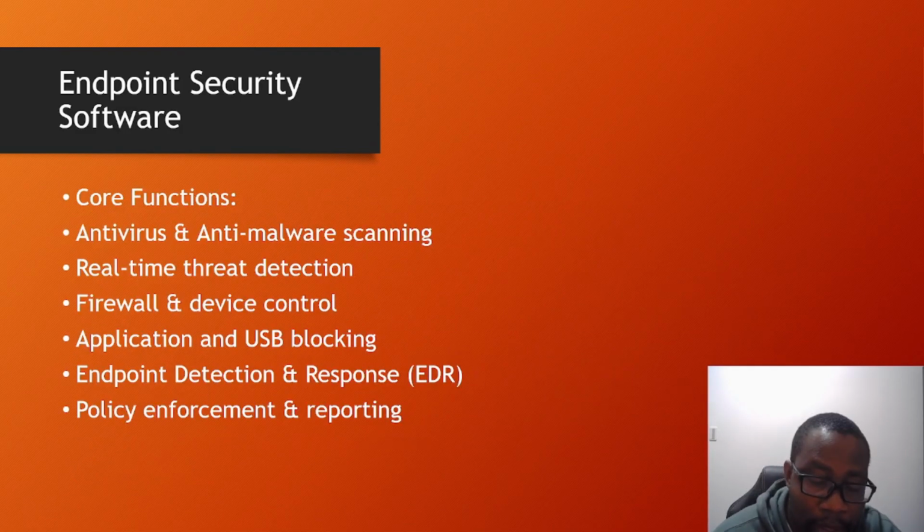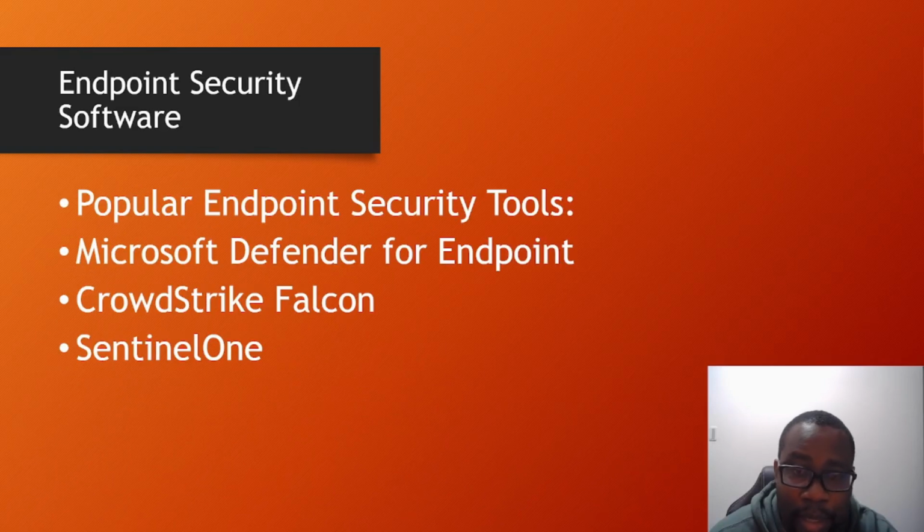So core functions, as I said before, are your antivirus, anti-malware, firewalls, real-time threat detection, application and USB blocking, endpoint detection and response, and policy enforcement and reporting. Some examples of popular ones are Microsoft Defender, as most people know who've tinkered around with their Windows device, CrowdStrike Falcon, and SentinelOne.